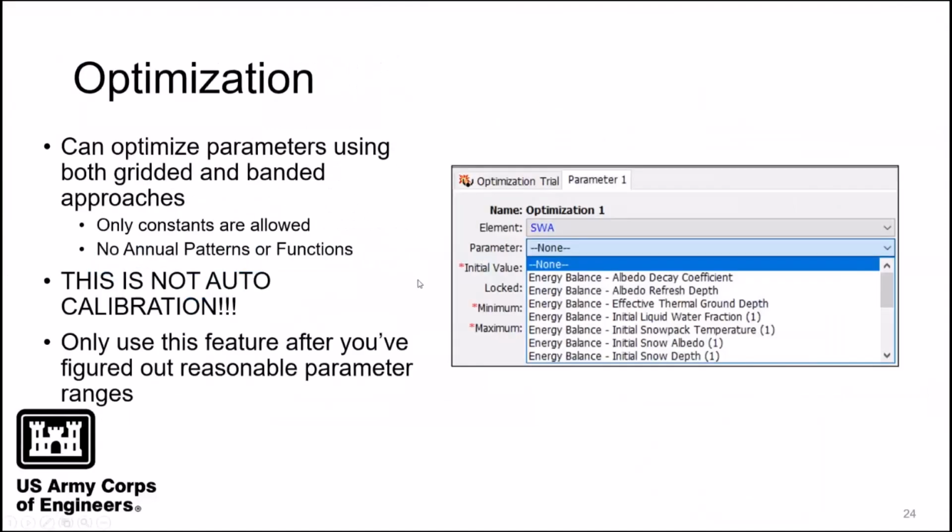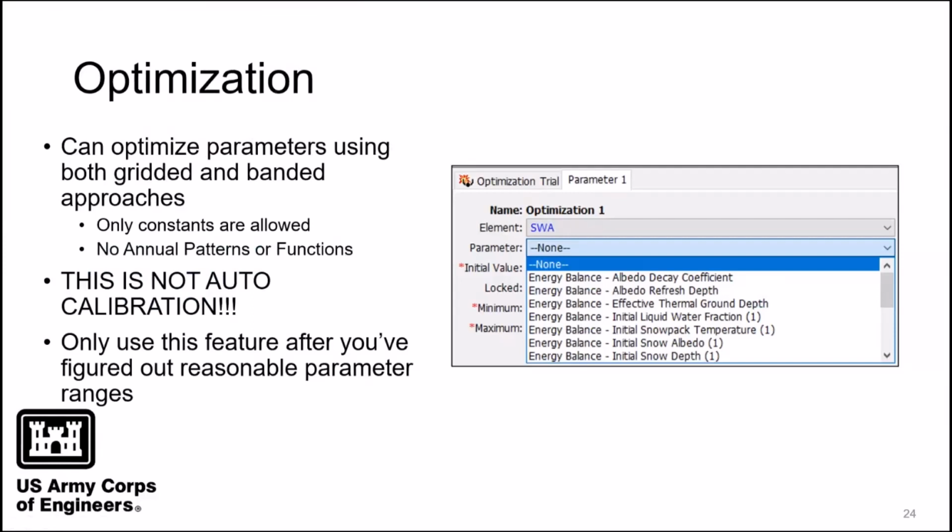All right, so the snowmelt parameters are available within the optimization trials, and for all three methods. If you have observed SWE data, like I just showed, you can automatically adjust a combination of parameters to develop a best fit combination. But I want to stress that the optimization trials are not designed to be used as automated calibration.